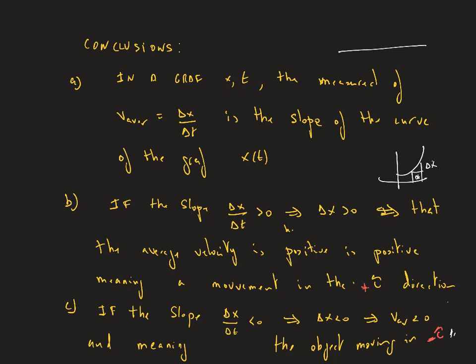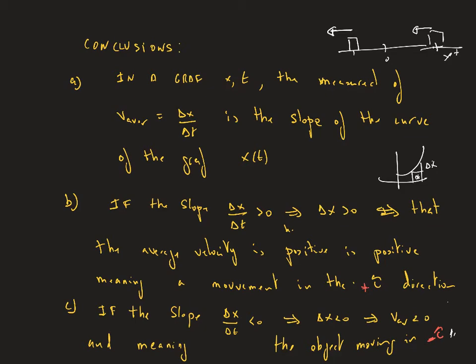So if you are here at 0, this is the x-axis. If the velocity is negative, it's because the object is moving in the minus i direction. If you are here with x negative, and a slope negative in the graph x of t, it means that the object is moving in the minus i direction. It doesn't depend on where the object is. If the slope is negative, the object is moving in the negative direction.